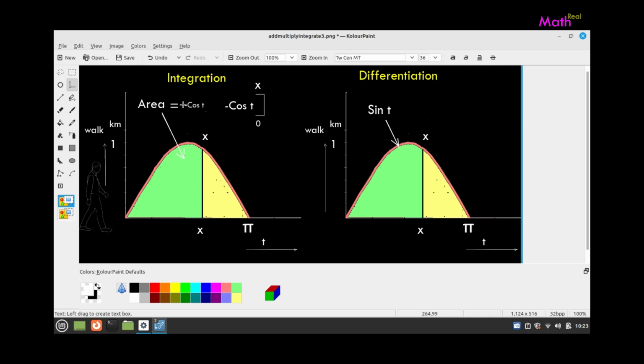So I can say sine t is equal to d of minus cos t by dt.